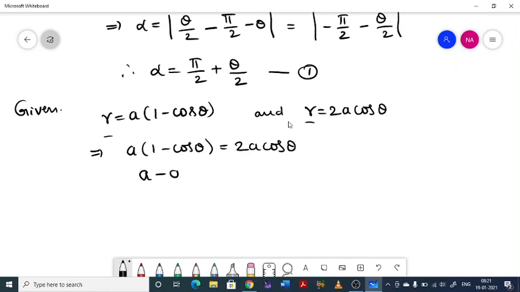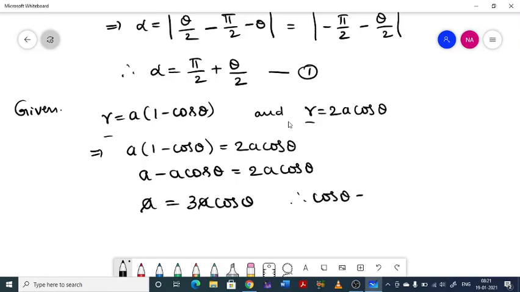So a minus a cos theta equal to 2a cos theta. Taking this a cos theta to the right hand side, a equal to 3a cos theta. A you can cancel, therefore cos theta equal to 1 by 3, or theta equal to cos inverse of 1 by 3.